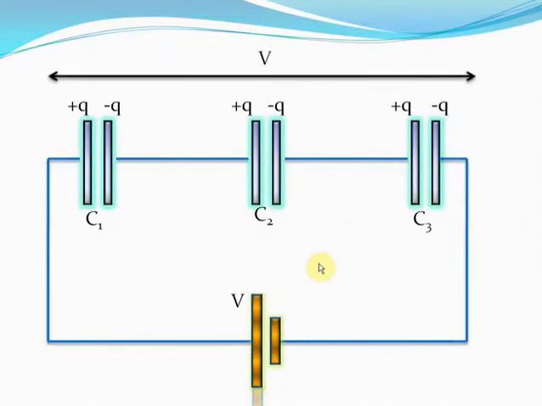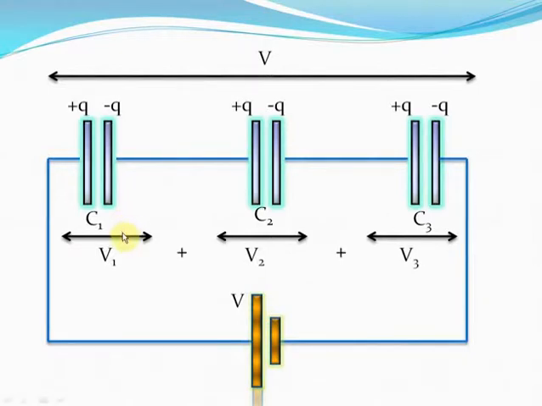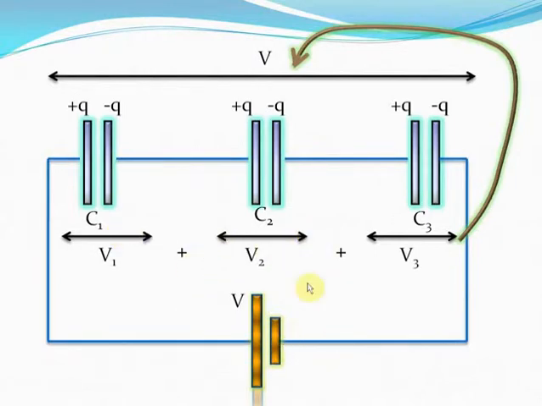The potential difference across each capacitor in a series circuit, however, is not the same. You see, if you carefully consider the potential drop across each capacitor, if the potential drop across the first capacitor is V1, the potential drop across the second capacitor is V2, and the potential drop across the third capacitor is V3, in that case, V1 plus V2 plus V3 is equal to V. So in a series circuit, the net potential drop across all the capacitors is equal to the sum of the individual potential drops across each capacitor.